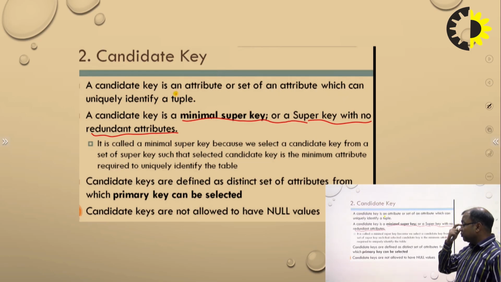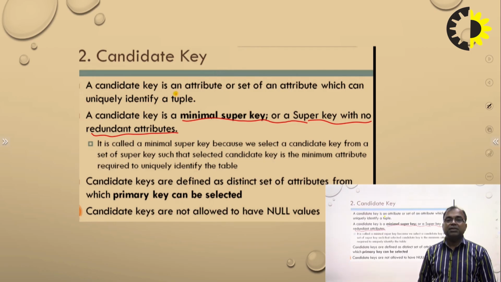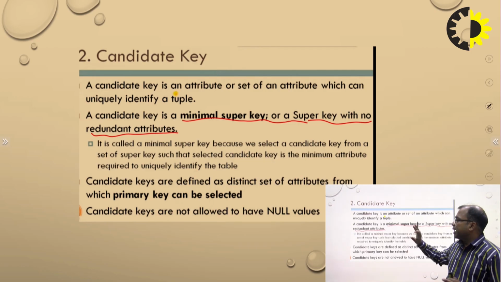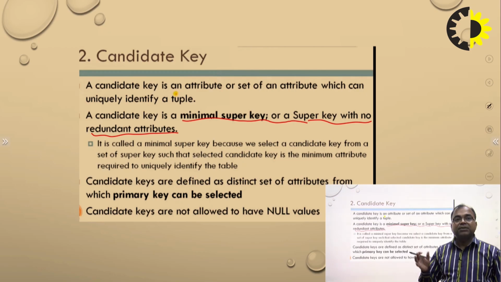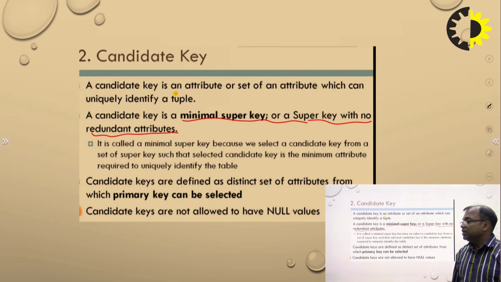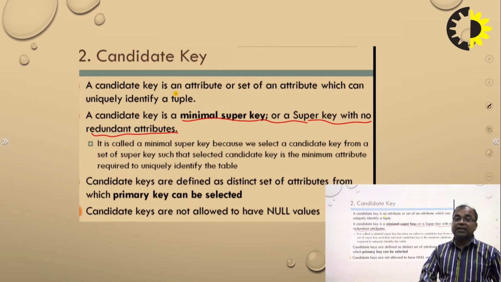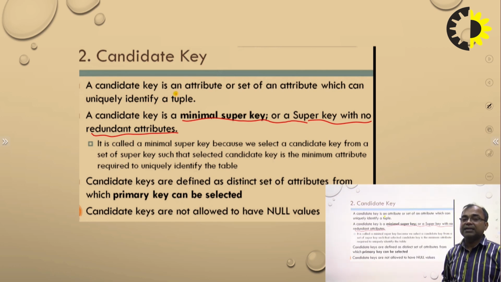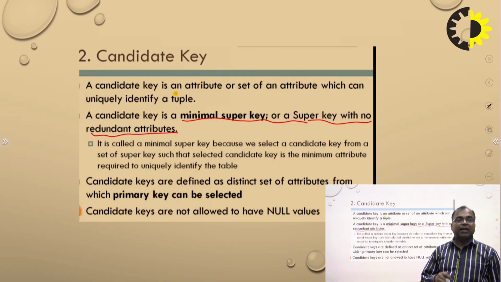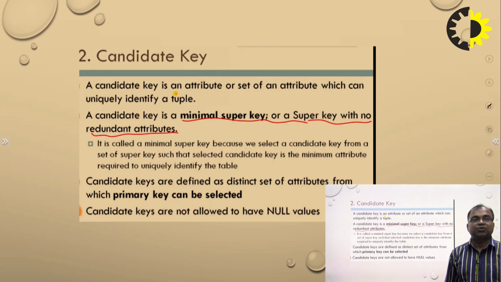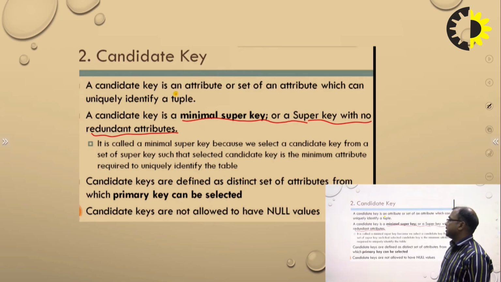Hence, attributes that cannot be redundant is called a candidate key. Means we cannot divide the key, we cannot find another candidate key from that key, that is called having no redundant attributes, means it cannot be further divided. So this minimal super key is known as a candidate key.